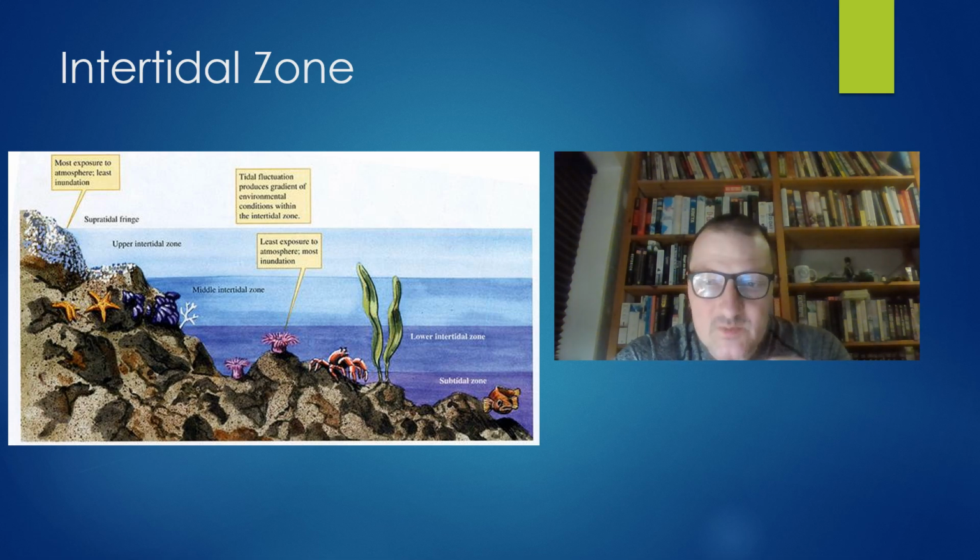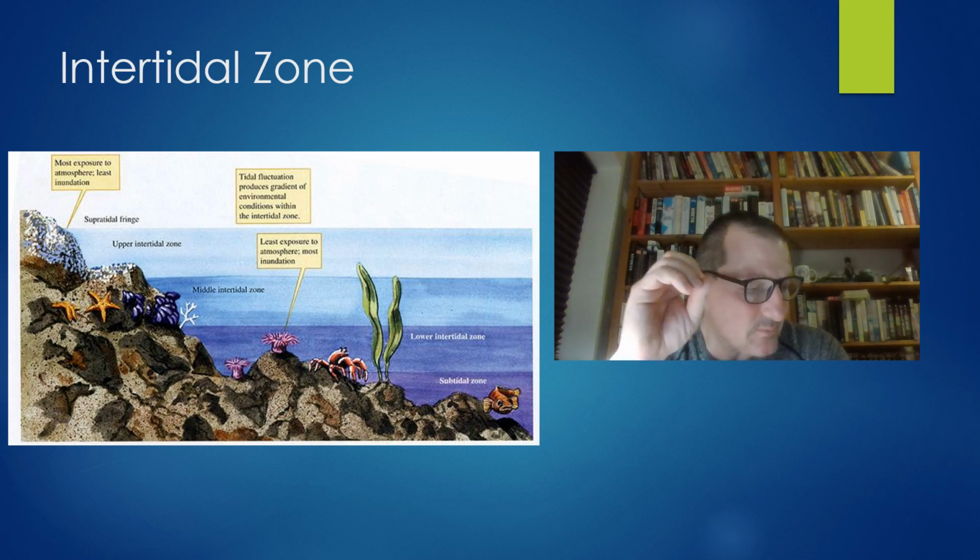So again, organisms who live here will tend to cope with dehydration. They have to be able not to dry out. Changing air temperature, the same as we see in the subtidal area. There are quite few producers, and you can get hit quite hard by waves when there are storms. So the animals who live here on the plants, they adapt to it.